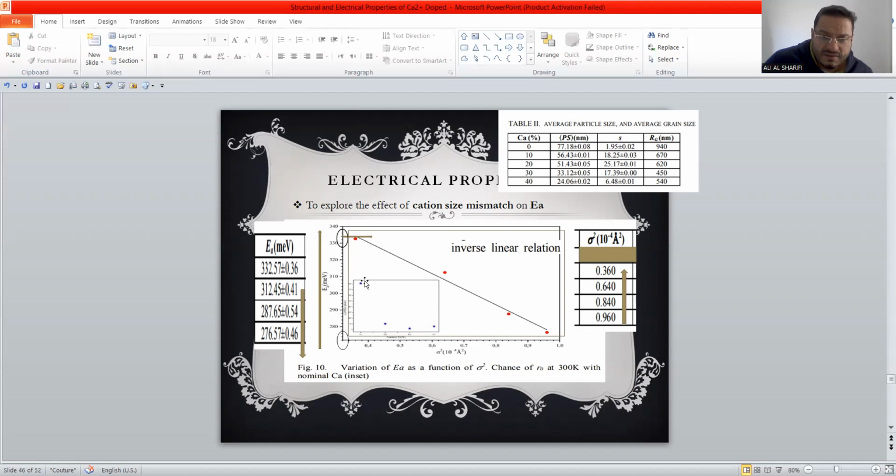Here at 0.36, the activation energy equals 332.57. At 0.64 here, it's more than 310. That means it started to decrease. At 0.84, it's approximately less than 290.